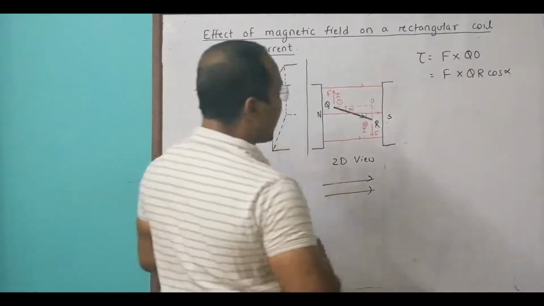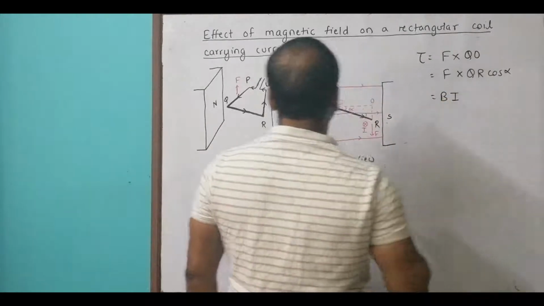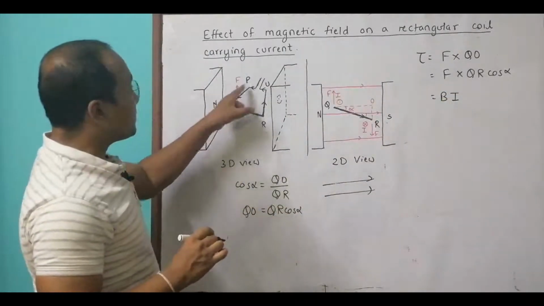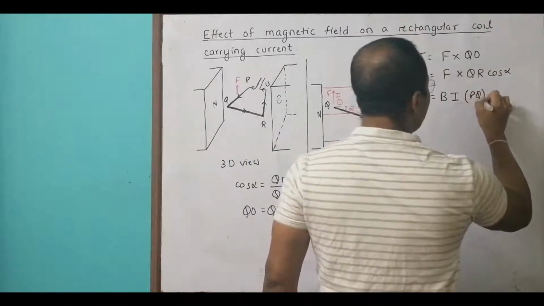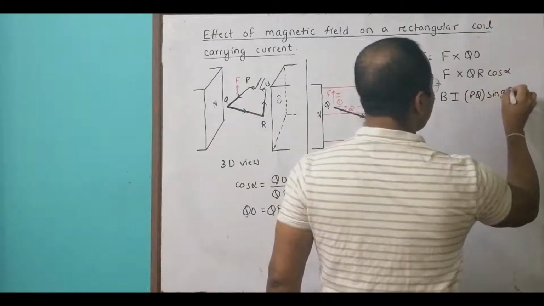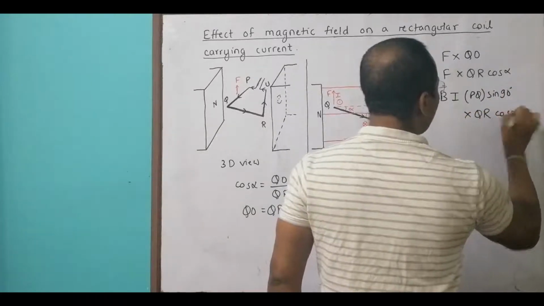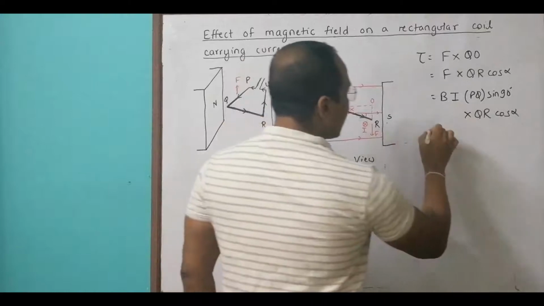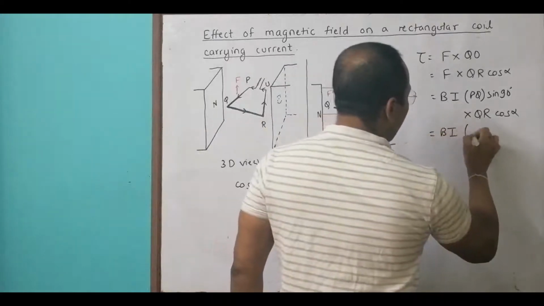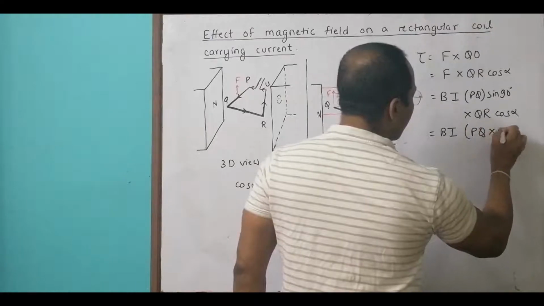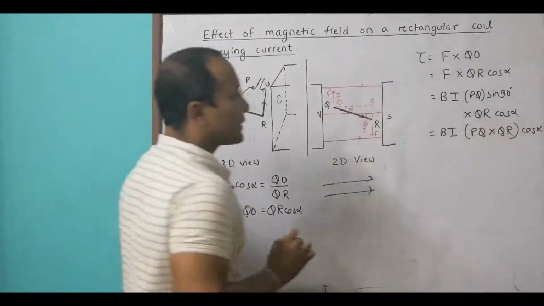So F is equal to BI, L means simply PQ, BI into PQ, then sin 90 degrees into QR and cos alpha. Sin 90 is equal to 1. So I must have BI, and I will group PQ into QR together, and then cos alpha.